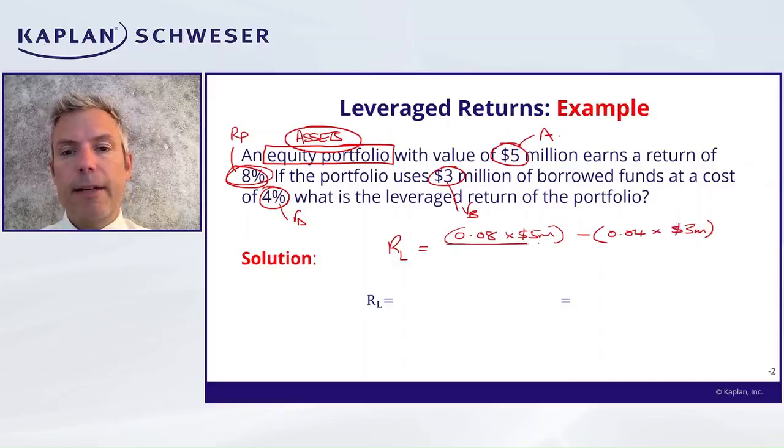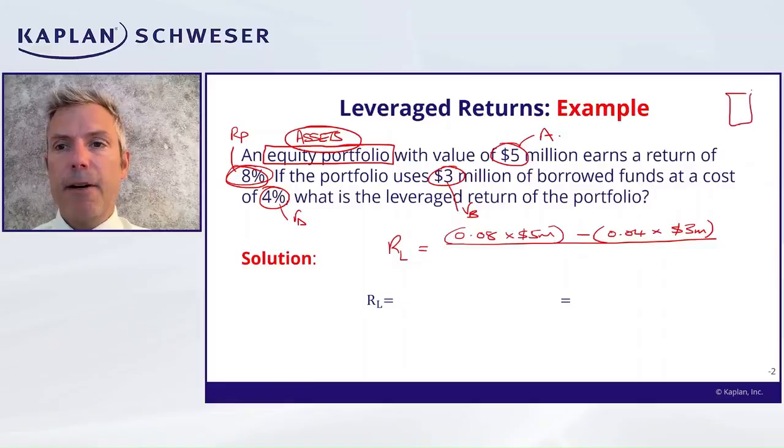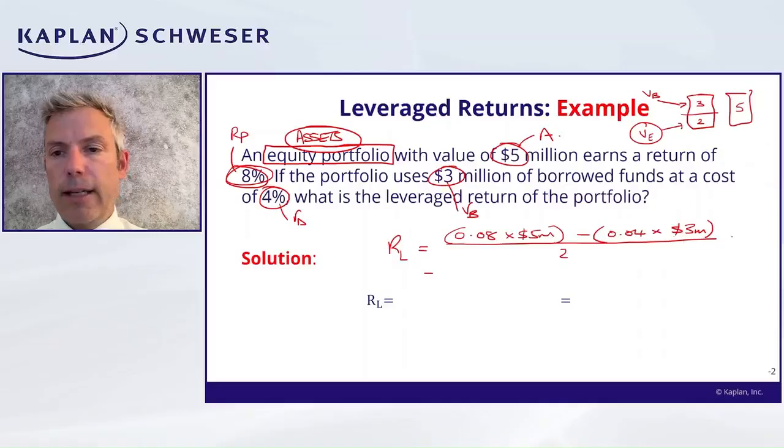Then we're going to divide that by the value of the equity that the investors put up, the investors' own funds. Here we've got assets of 5, and we know that we've borrowed 3, so the investors' funds must be 2. That's like the start of accounting, where your financing equals your assets. So the value that investors have put up here is 2. A very straightforward approach. Let's not clutter this up.